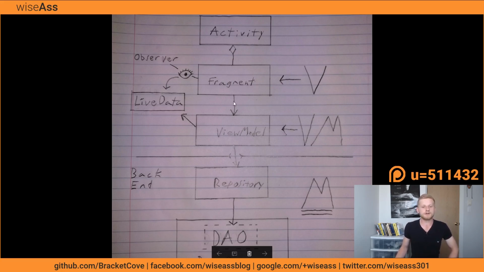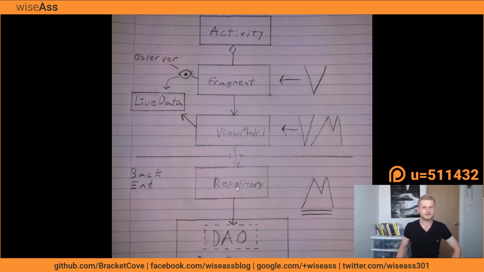Whereas with Model-View-Presenter, in my case, I would have a fragment, which is the view, and a presenter, and of course the model, which is the model of the data. Some people would interpret that as the whole data layer of the application, but again, that's somewhat open to interpretation.